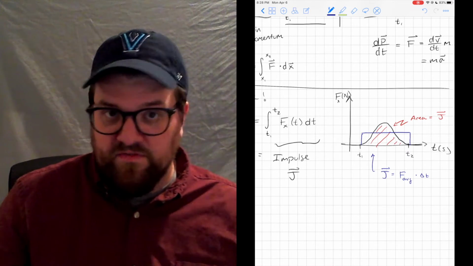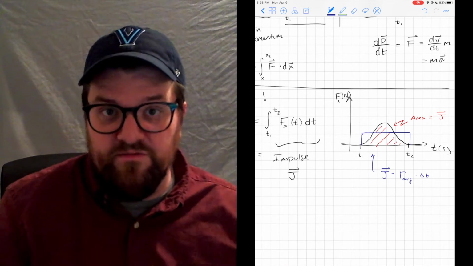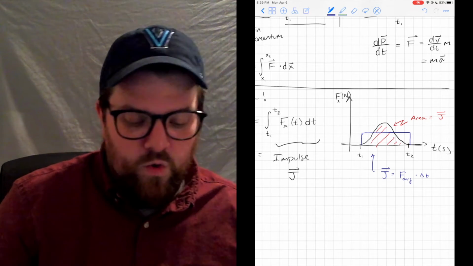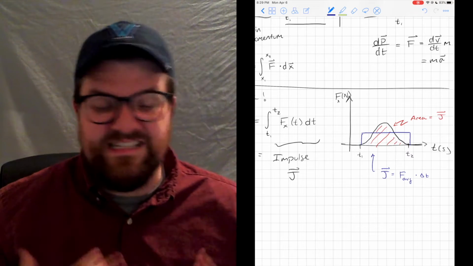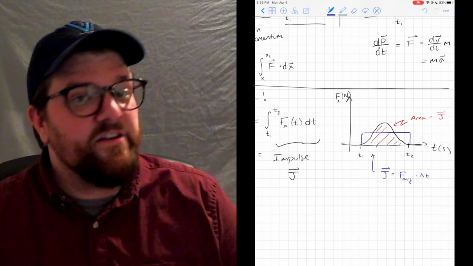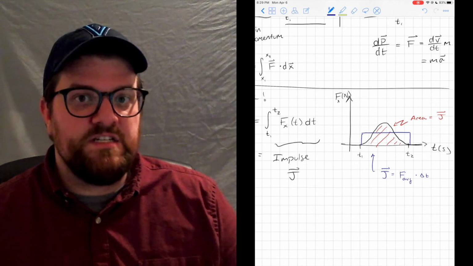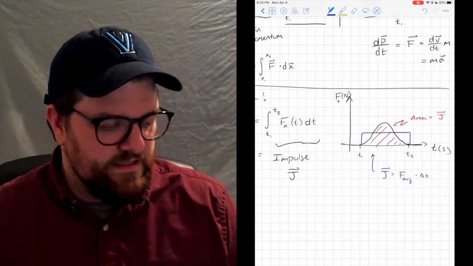That is a perfectly fine way of doing that as well. This is a little bit more convenient way of calculating our impulse sometimes, or just talking about an average force, simply because it doesn't require any integrals. It's just an average force, so I can just multiply f average times delta t.